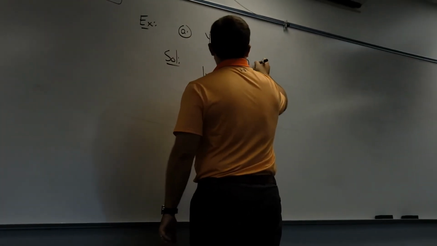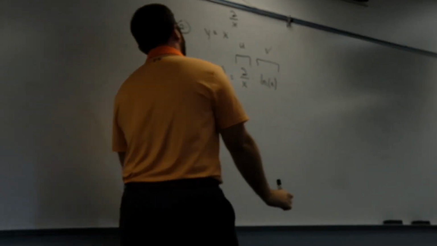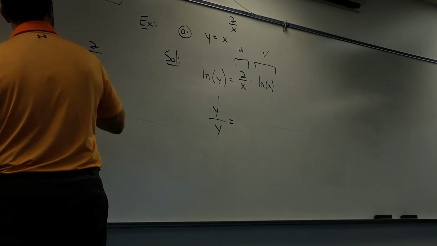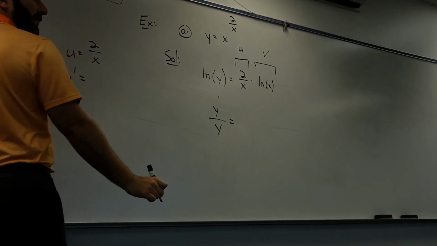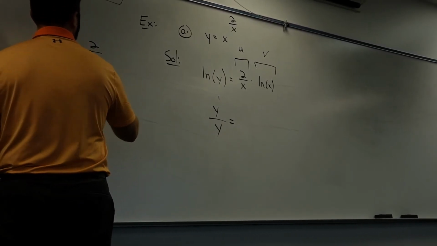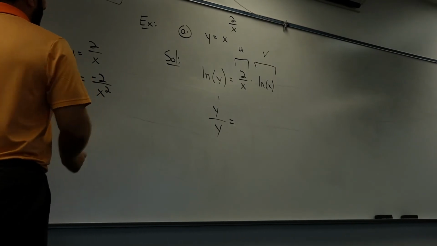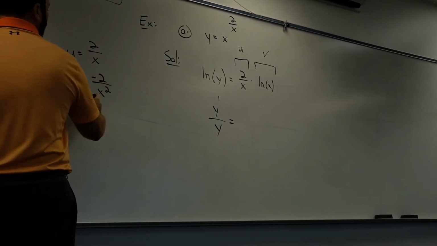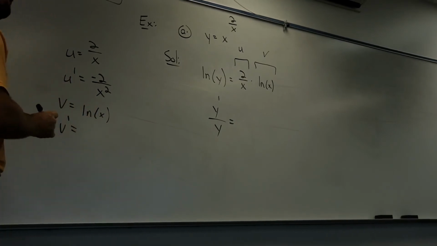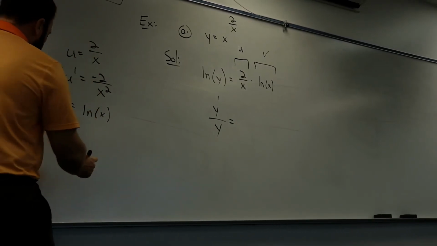We got u, we got v. So u is 2 over x. What would u prime be? Negative 2 over x squared. I like it. And if v is ln of x, what would v prime be? 1 over x. Good.